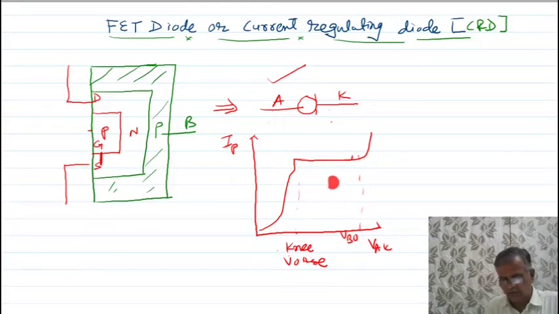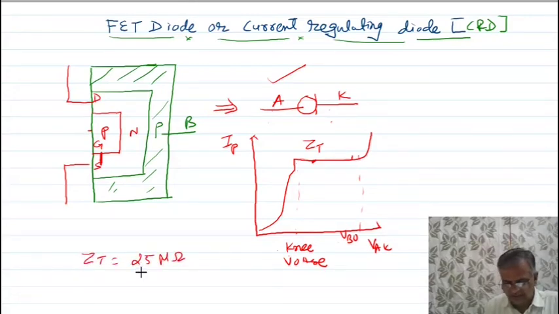This value is of the order of 100 volts. Sometimes more than 100 volts it is there. And they are specifically giving its impedance. Its impedance is very large, of the order of 25 mega ohm.